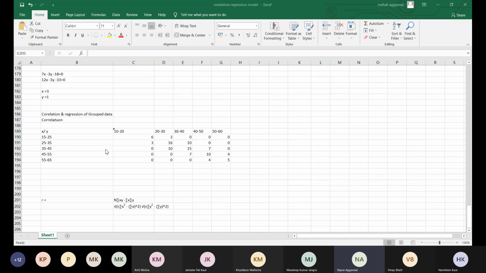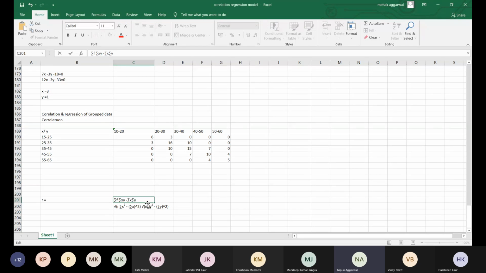But now if it is grouped data, what is the change? In the numerator where the n is there, n is replaced by sigma f, because n is the total number of elements, the sum of all the frequencies.